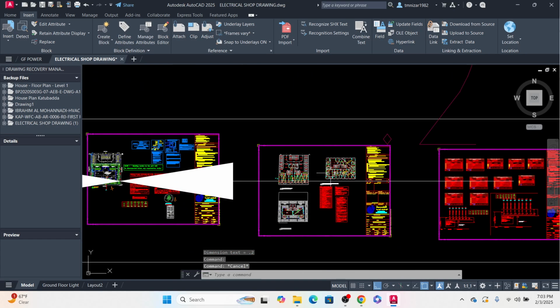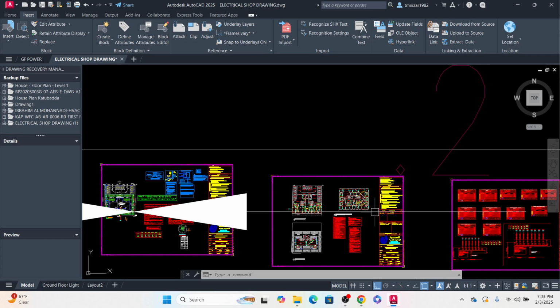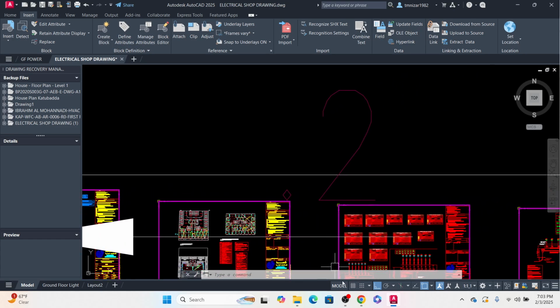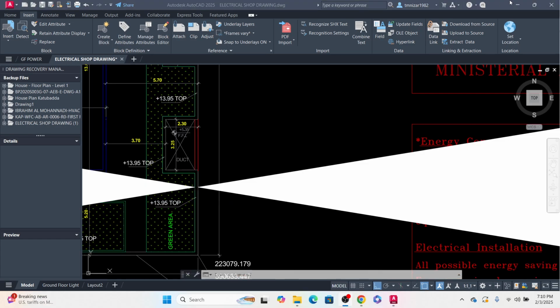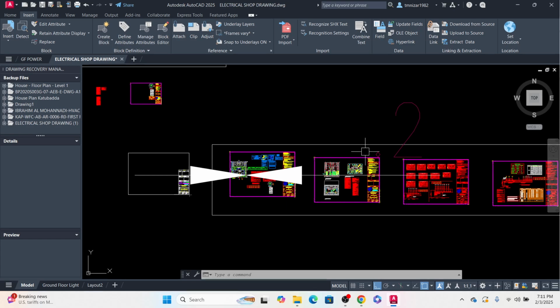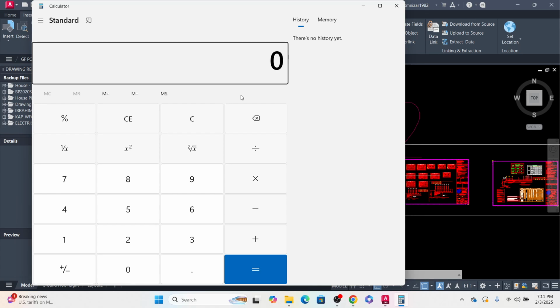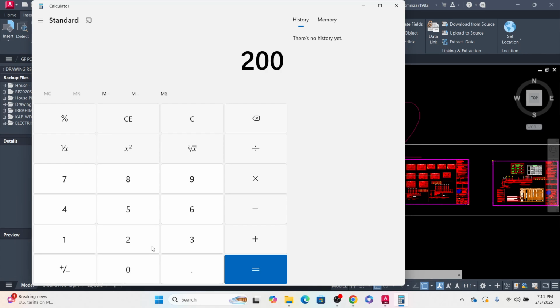So how will I know this drawing is drawn in which scale? We know the actual size is 200. Okay. The actual dimension is 200, so when you measure, we have 0.2. So let's go to the calculator. In the calculator, we will put the actual dimension.